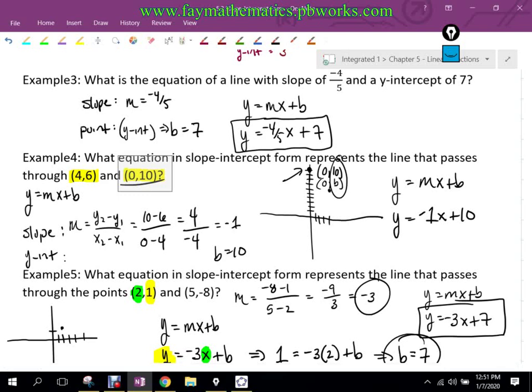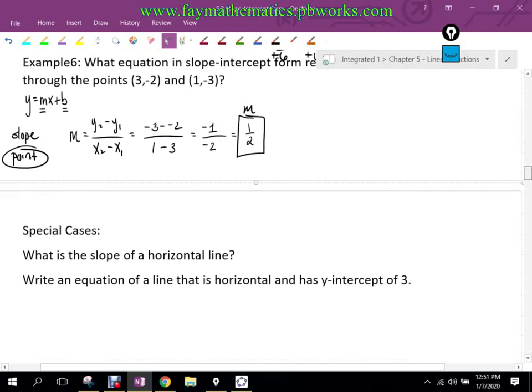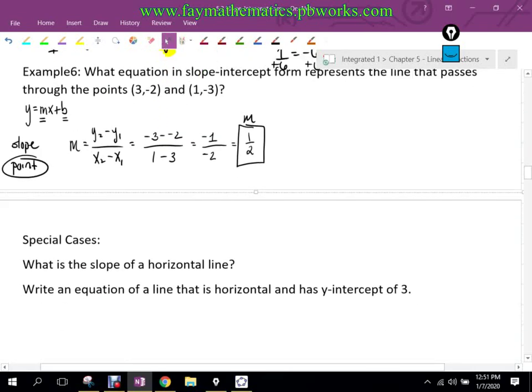So the b value there would be 10. So they can explicitly give you the b value in either of those two formats, or they can hide the b value like they do here. Neither of those situations occur in example 6. They don't tell you what your y-intercept is, either through the points or by blatantly saying this is your y-intercept. So we have to be creative in how we develop that b value.